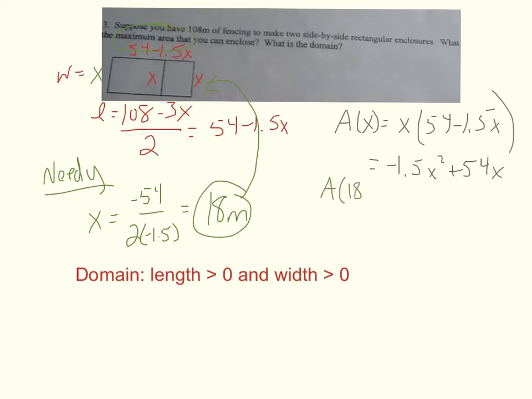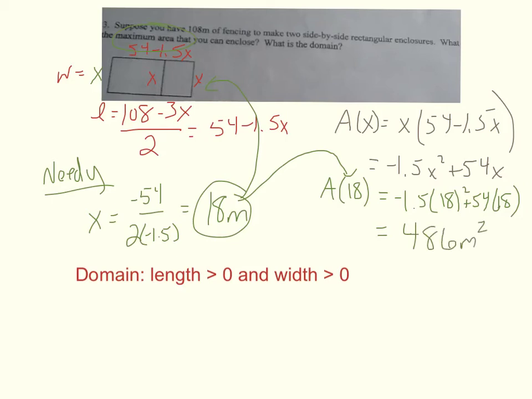Negative 1.5 times 18 squared, plus 54 times 18. Answer, 486 meters squared. There it is. Notice I put meters squared.